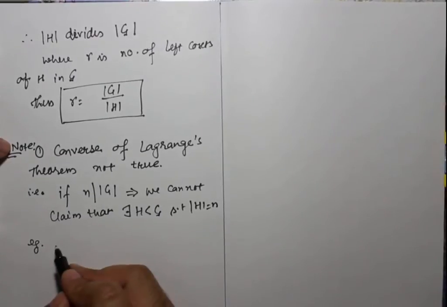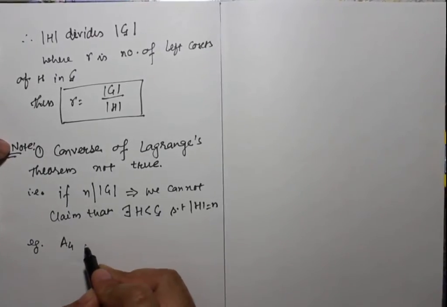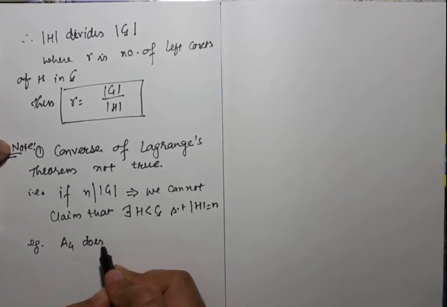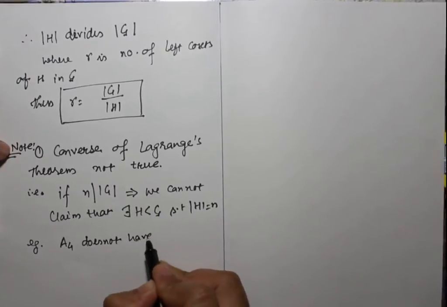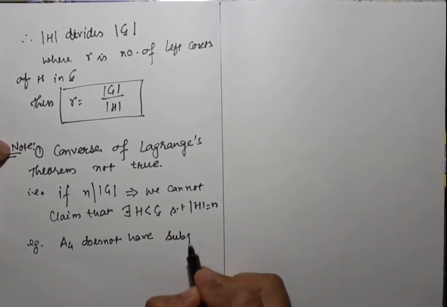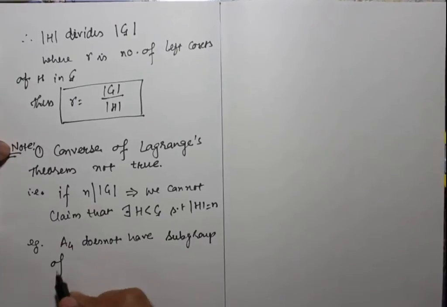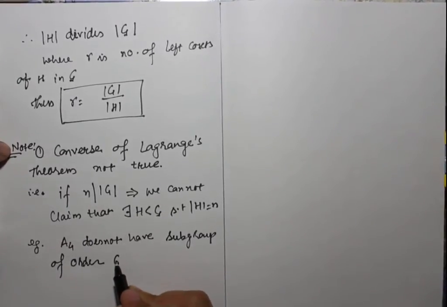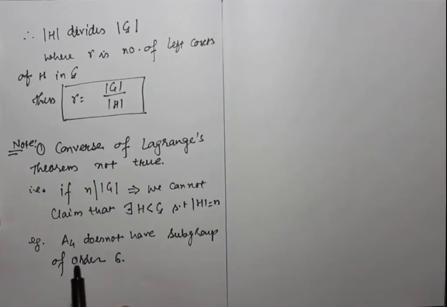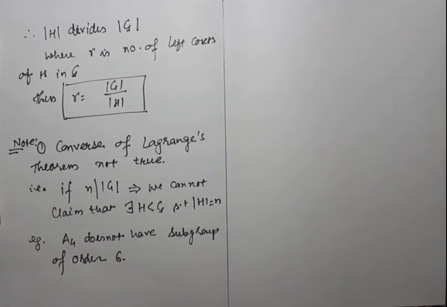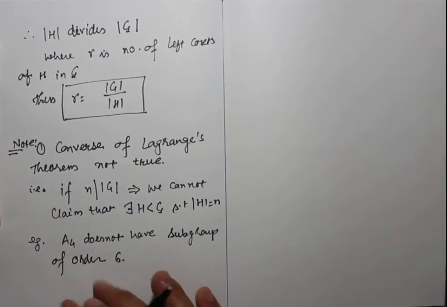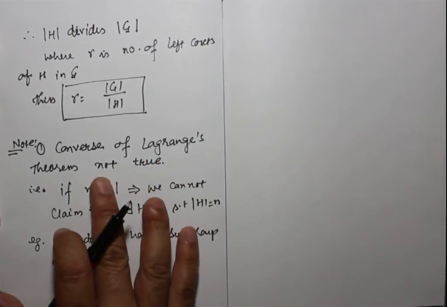For example, A4 doesn't have a subgroup of order 6. This is the alternating group, we will discuss it later. This is a counter example, please keep in mind. This is the most important example for the converse of Lagrange theorem being not true.